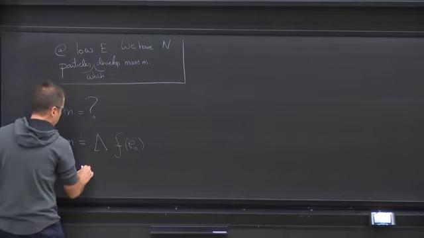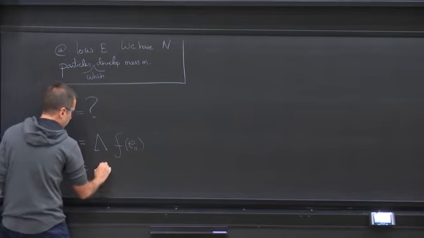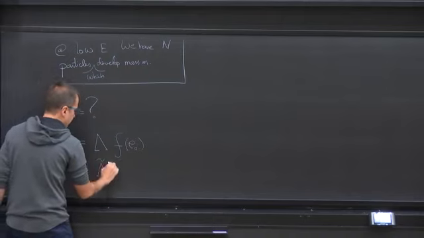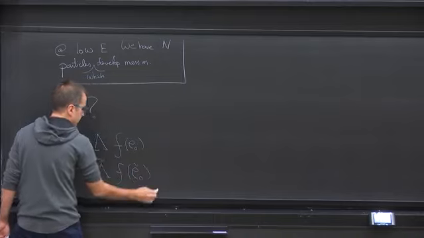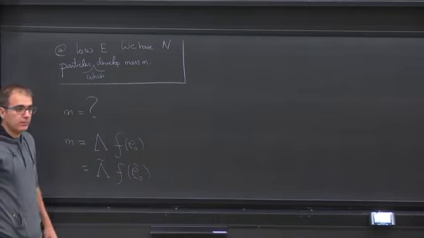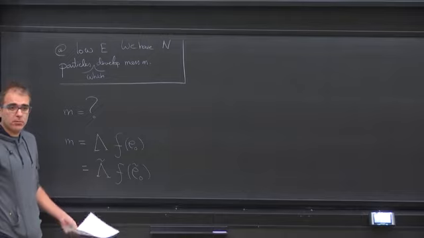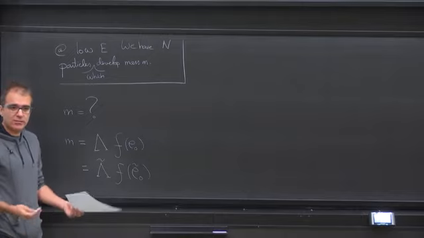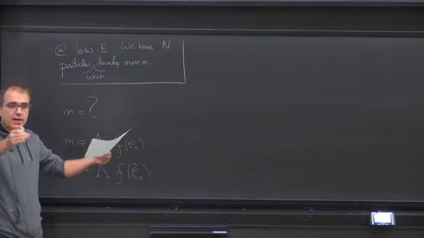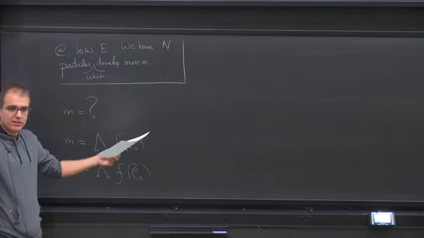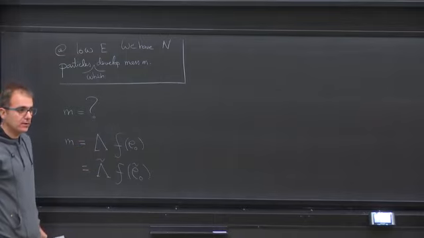Now, of course, experimentalist A prime would say, no, my cutoff is lambda tilde, and I have my function of E0 tilde. Both are right. A mass is whatever they measure, but it cannot depend on who is measuring this mass.